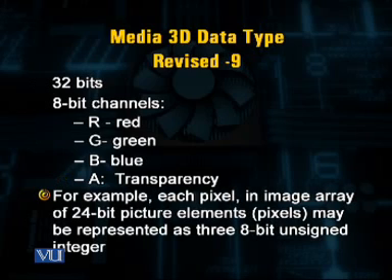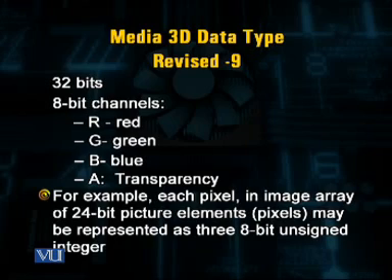Let us discuss this with the help of an example over here, where we can assume that we have a pixel which is stored in an image array of 24-bit picture element.